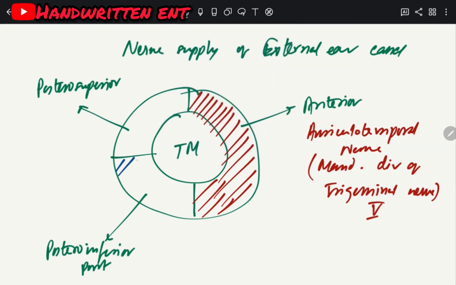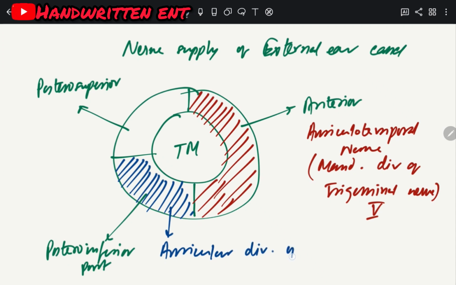The posterior inferior part of the external ear canal is supplied by auricular division of cranial nerve 10, that is vagus nerve, which is also known as Arnold's nerve.